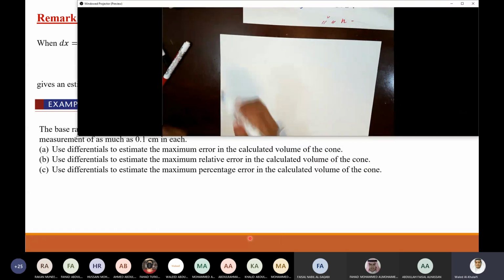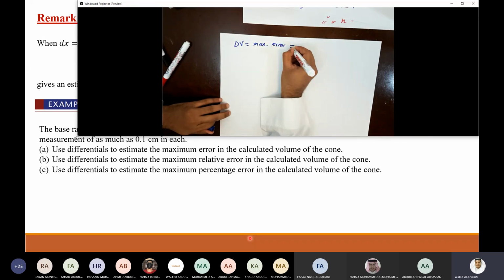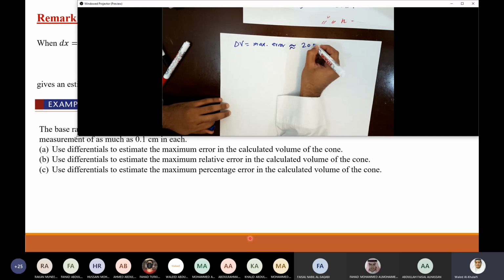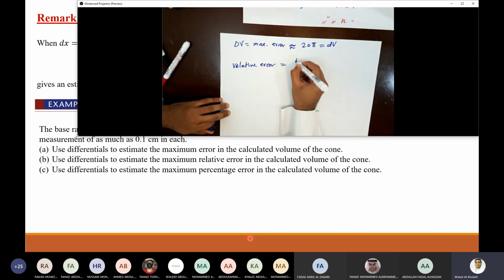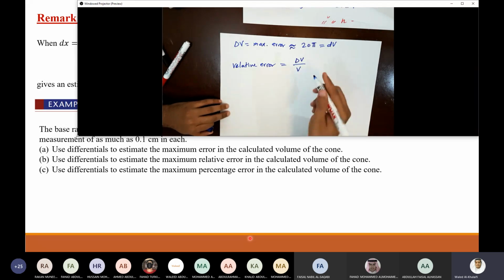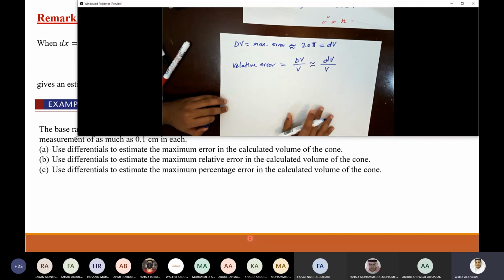Remember, guys, delta V, which is the maximum error, we said is approximately 20 pi. Of course this is the dV, by the way. Relative error is equal to delta V over V. So we take the maximum error and divide by the original volume. So this is dV over V.